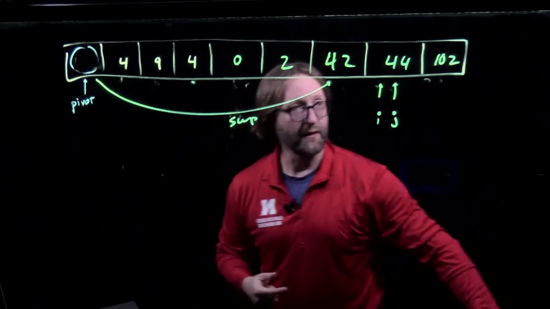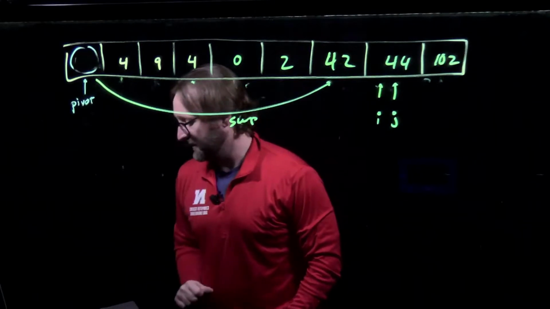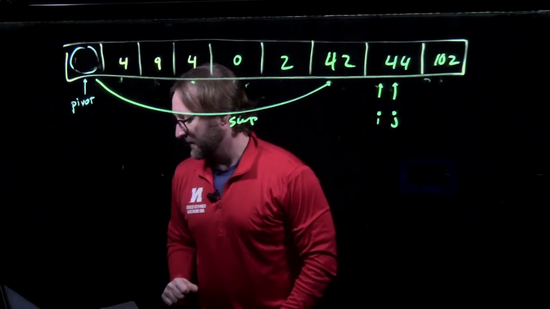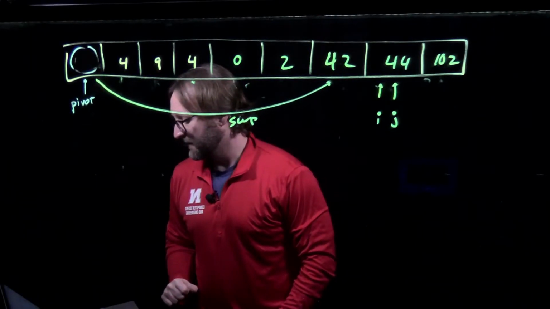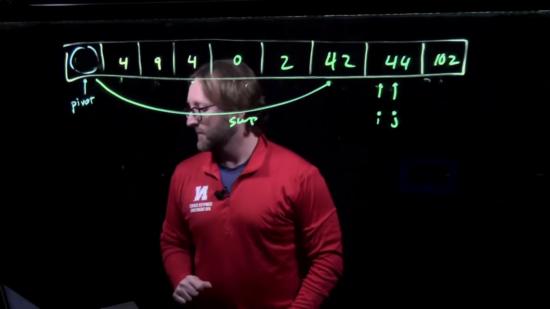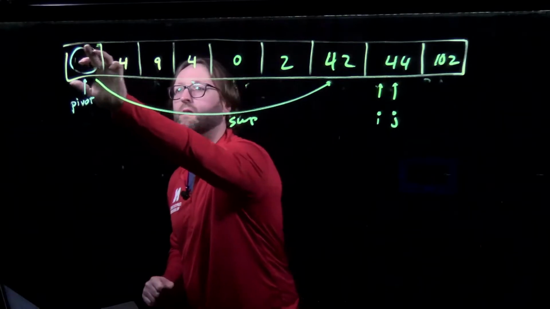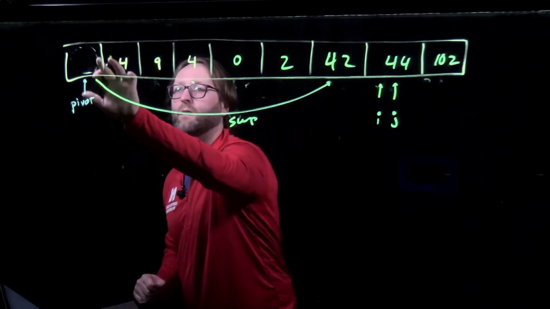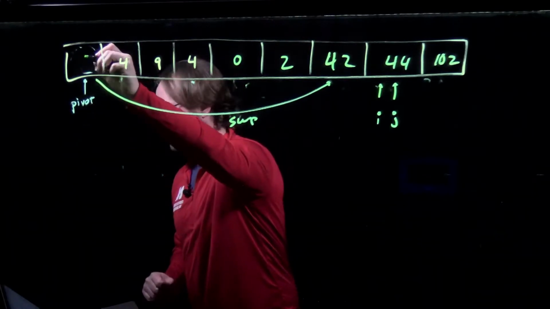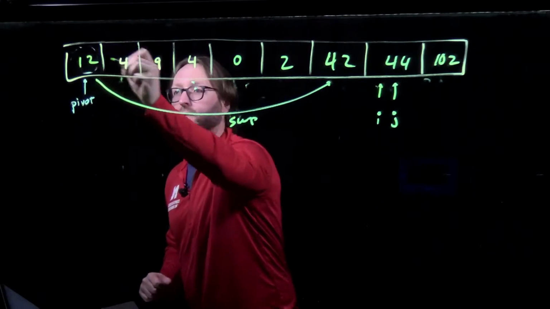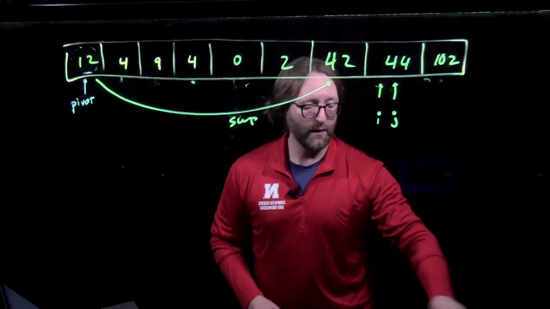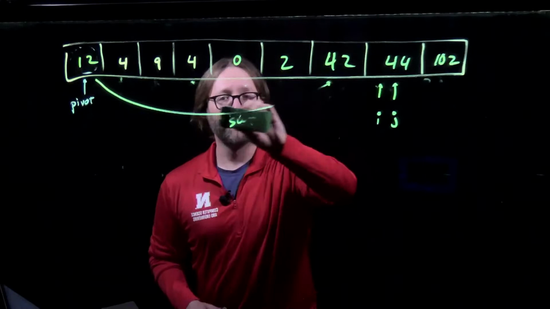It was, now I forgot what it was, sorry. I think it was 2. Or sorry, it was 12, right? Yeah, sorry. It was 12. Okay? So now we've swapped it.